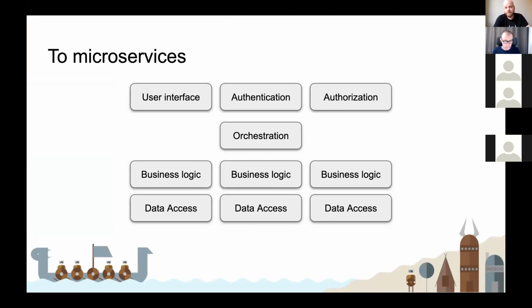It's pretty much just removing this surrounding box and having these modules communicate through network calls rather than function calls. But of course, we still need the same kind of functions. The ones we will focus on today are authentication and authorization.